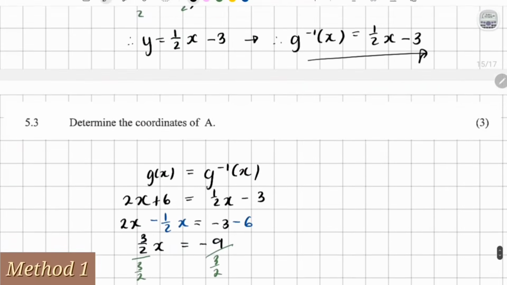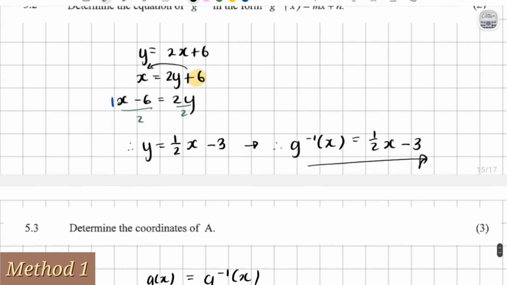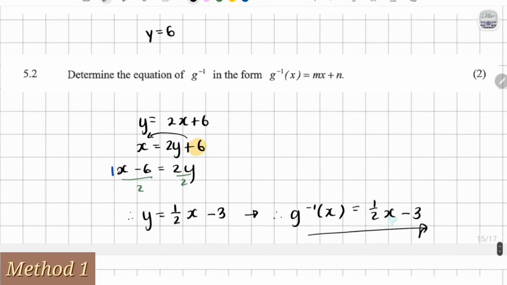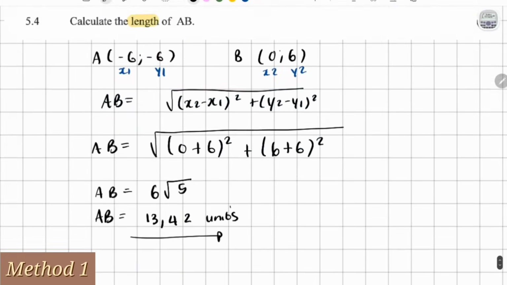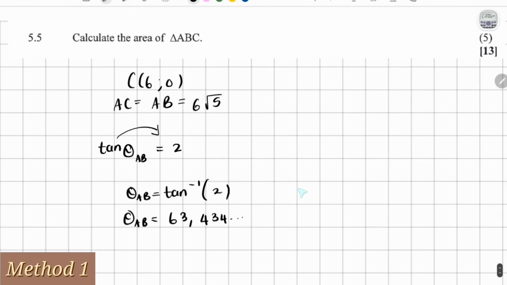The equation of that was 1 over 2x minus 3. So we know the gradient is 1 over 2. So finding theta of AC now: tan of theta of AC is equal to the gradient, 1 over 2. So theta of AC is equal to the second function of tan, and we have 1 over 2.